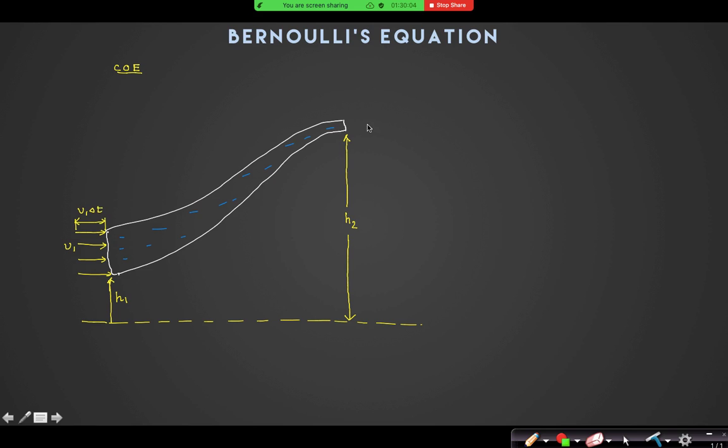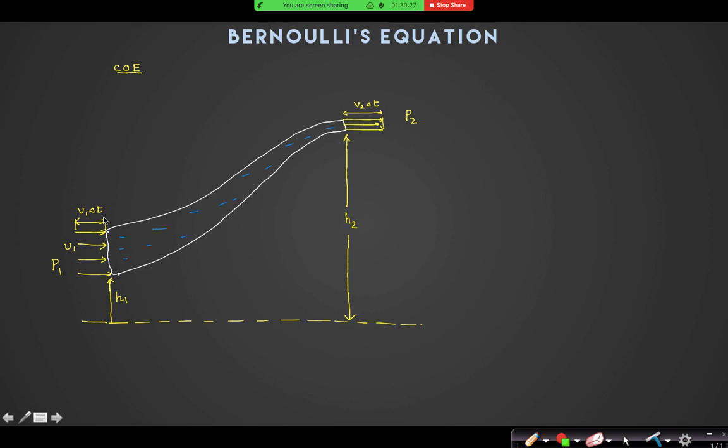Similarly, the same volume of liquid is going out of the tube in the same time interval. Let us assume that pressure here is P1, pressure there is P2. It may happen that both the pressures are atmospheric pressure, so P1 and P2 are the same.